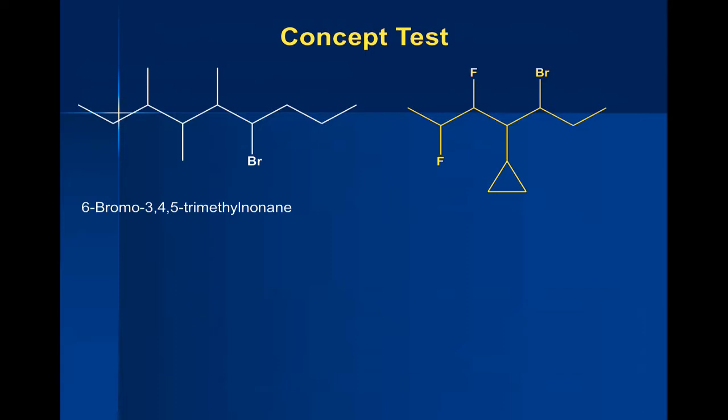Why are we not naming it as a cyclopropane? It's smaller, right? You have to determine what's longer. Is the ring bigger or is the chain bigger? And 3 is certainly less than, what did we say, 6 or 7? So we got a heptane parent. What are our substituents?